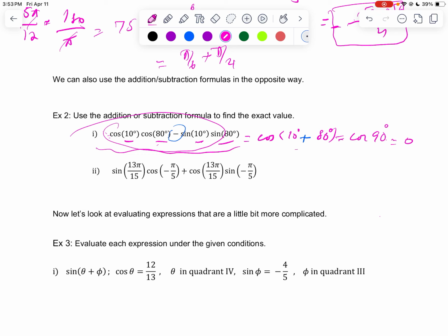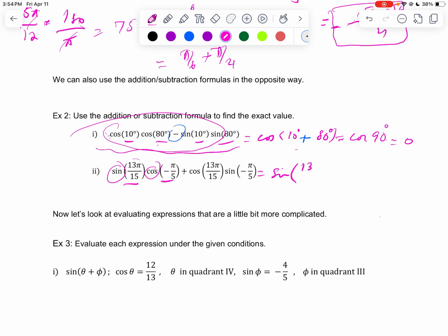This one is saying we have sine of 13 pi over 15 times cosine of negative pi over 5. So our first angle is 13 pi over 15 and second angle is negative pi over 5. And then we are multiplying different functions. The product is of different functions, which is the sine of something. So this can be written as sine of 13 pi over 15.